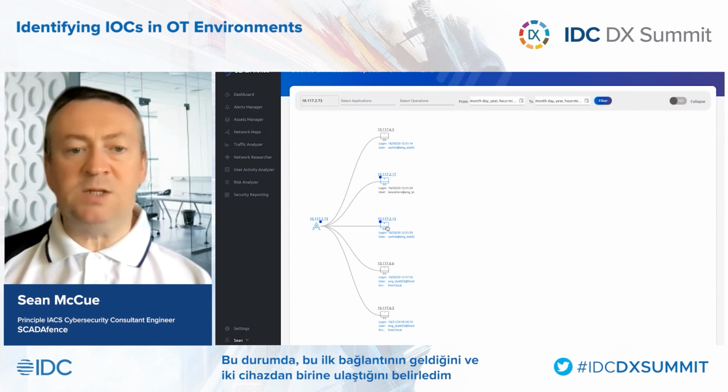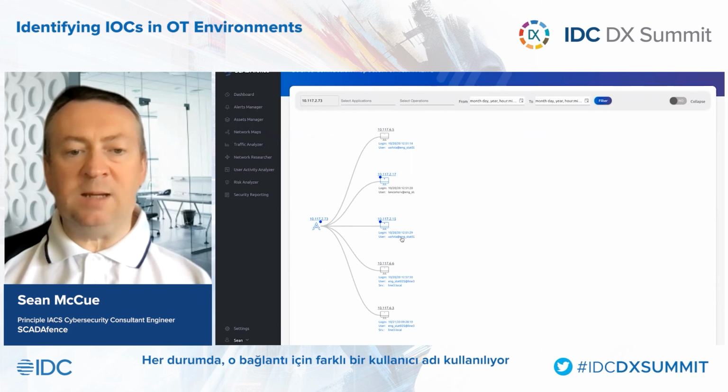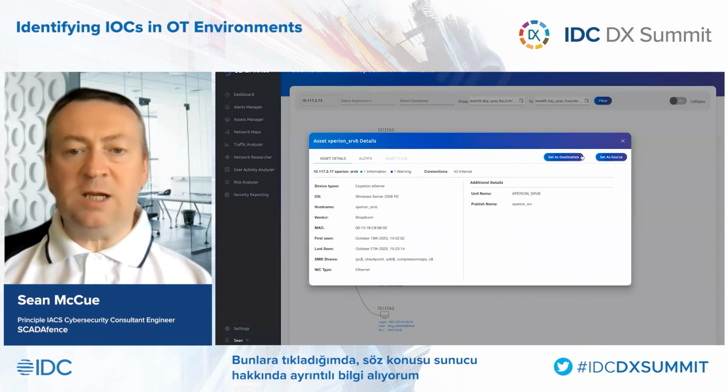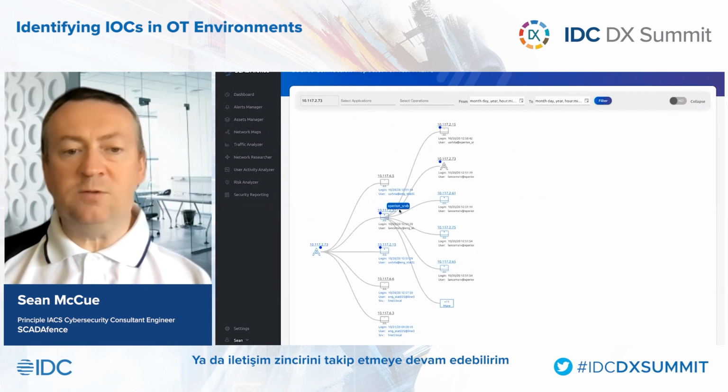So in this particular instance, I've identified this initial connection coming in and it's hitting one of two devices. In each case, a different username is being utilized for that connection. As I click on these, I get detail about the host in question, or I can choose to continue to follow the chain of communications.